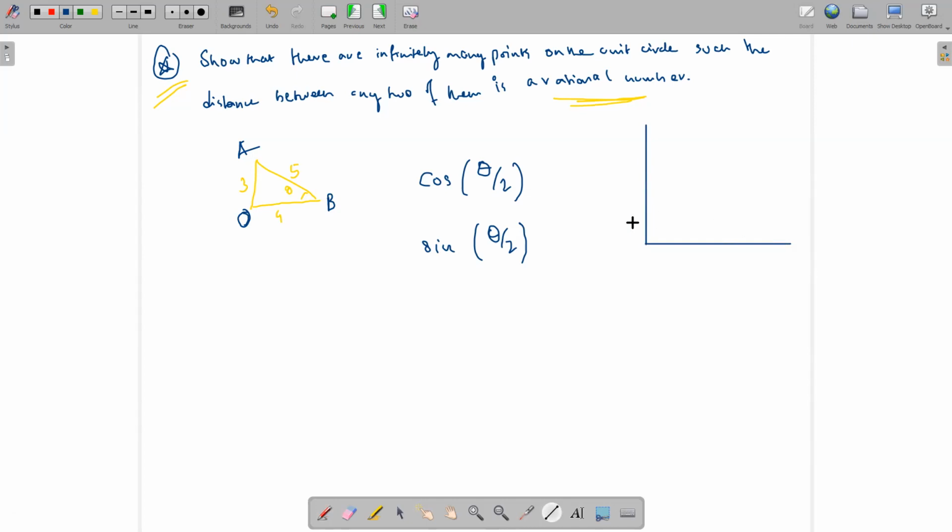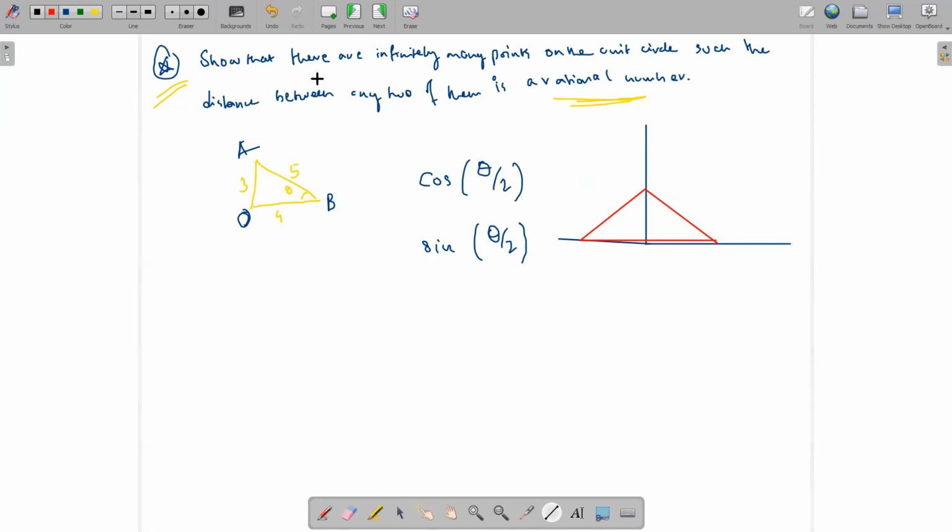Okay, so suppose this is the xy axis. Take this triangle, like the one he was taking, but I am taking this one so that I can show you the angles quickly.